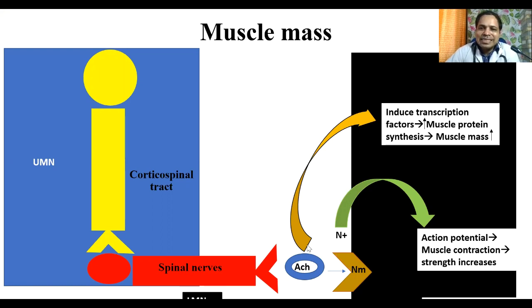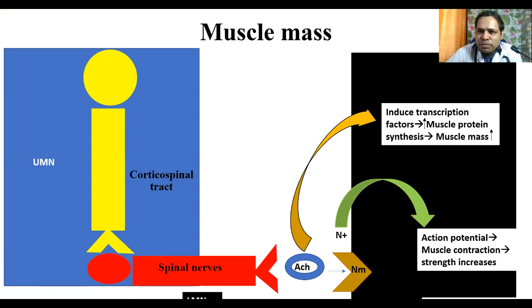On the other hand, the same acetylcholine is going to induce a transcription factor inside the muscle. That is going to help in the synthesis of muscle protein, and that is the reason for increasing the muscle mass. This is what they usually will not tell in the theory classes, that acetylcholine is also needed for increasing muscle bulk and strength.